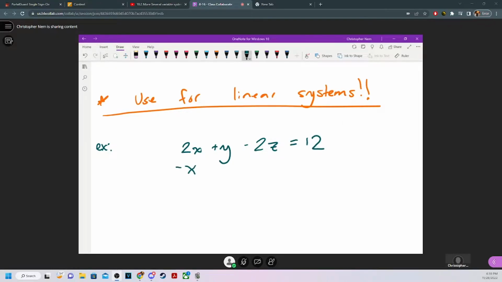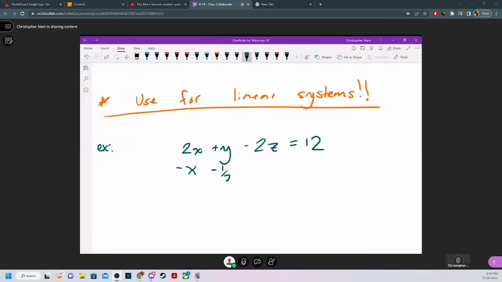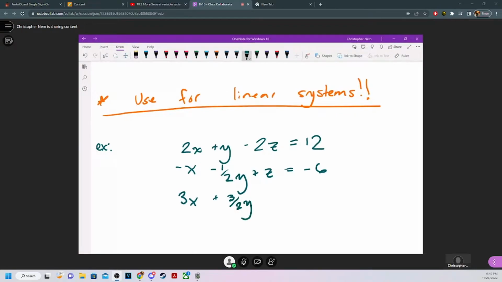Negative x minus 1/2 y plus z equals negative 6. 3x plus 3/2 y minus 3z equals 18.